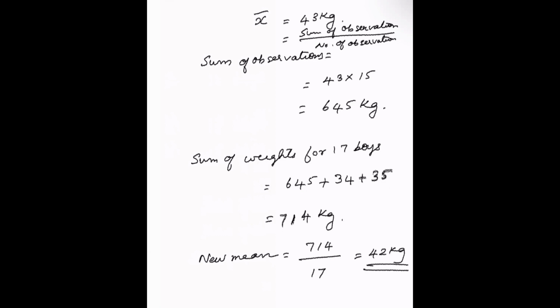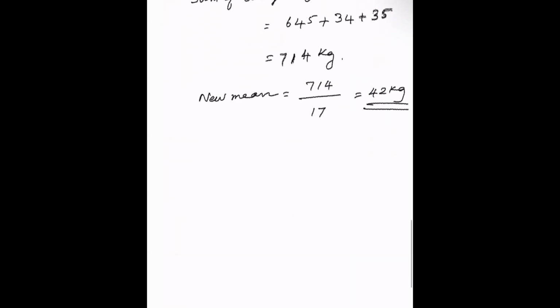Move on to the next one. Mean of 40 numbers is given to you. Mean x dash of 40 numbers, I'm just writing for my convenience like this, is 37.5.